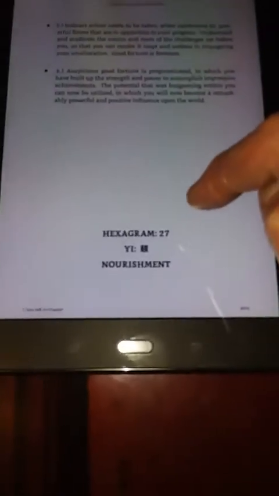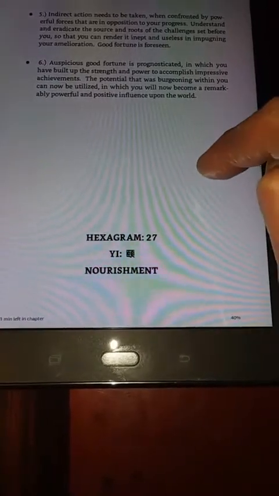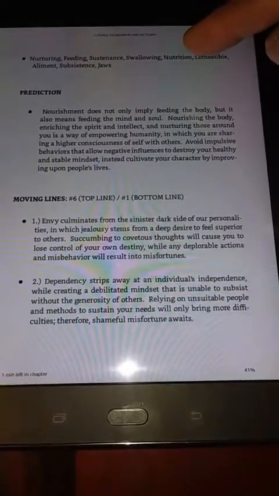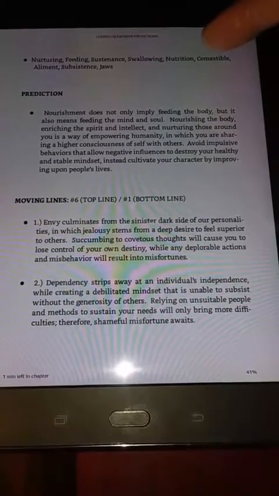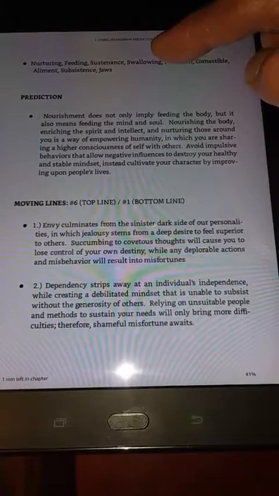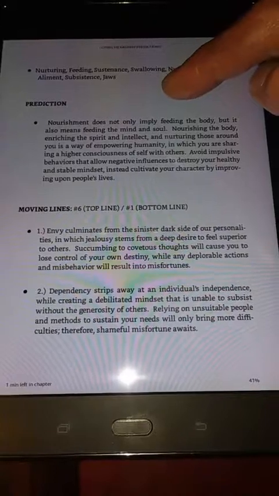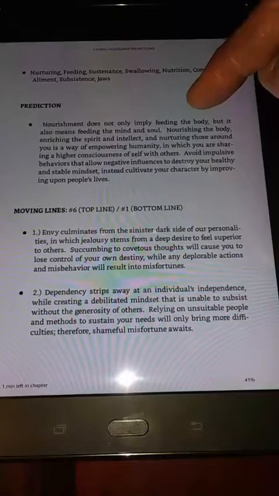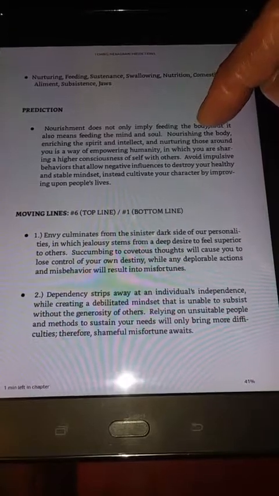Okay, so our hexagram is number 27, and it reads as Yi, and it means nourishment. Okay, so we go into here, and what do we know? Nurturing, feeding, sustenance, swallowing, nutrition, comestible, aliment, subsistence, jaws. Okay, and then the prediction is nourishment does not only imply feeding the body, but it also means feeding the mind and soul.